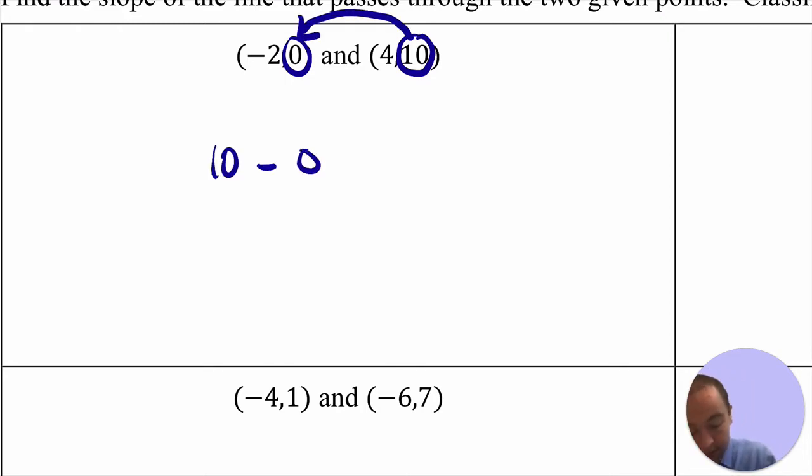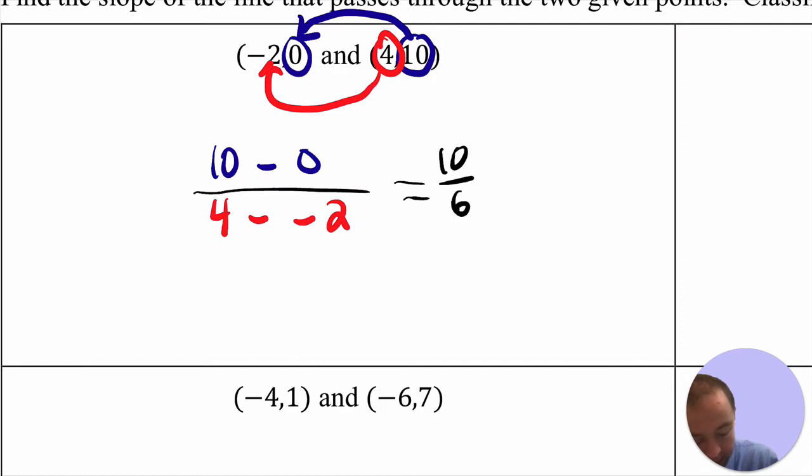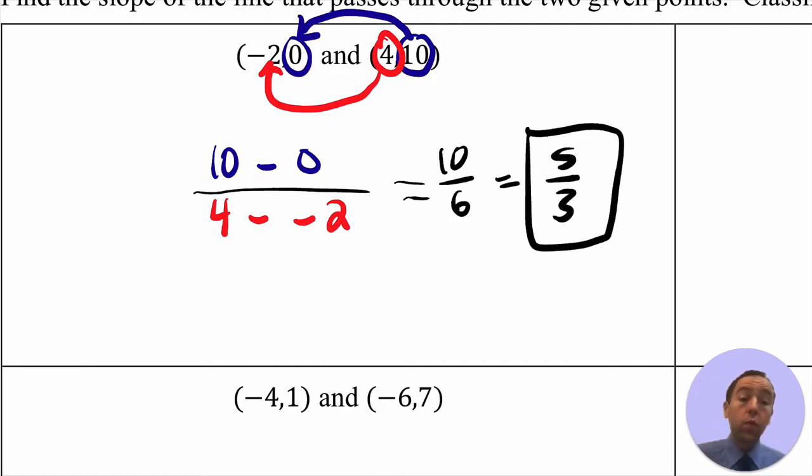But because you chose the 10 first, you have to start with the 4 and then subtract the negative 2 from that. Because you have a negative 2 that you're subtracting away, you're going to end up actually adding on the bottom. So you're going to end up with 10 over 6, and that's going to reduce down to 5/3. So that's going to be the slope of the line.